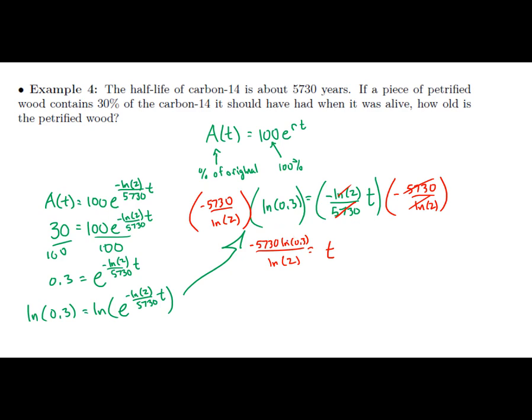So the two negatives will multiply to make a positive, and so we will get a positive time just like we know we should. So putting that in our calculator, we get something like 9,953 years, something like that.